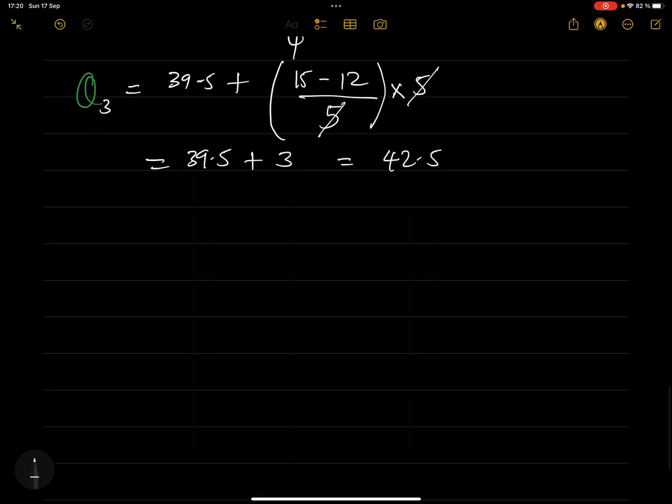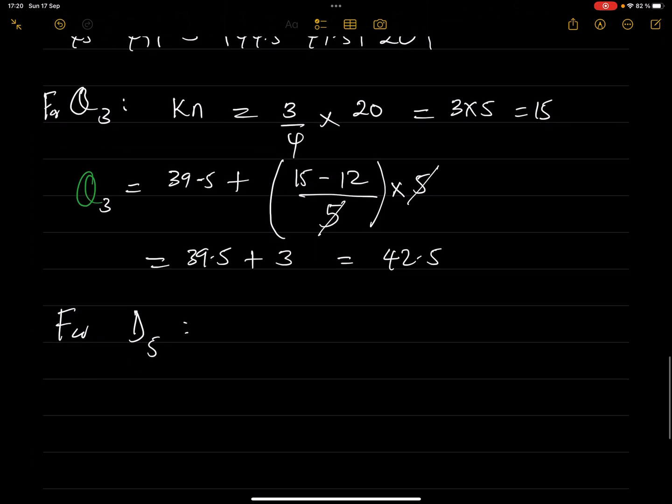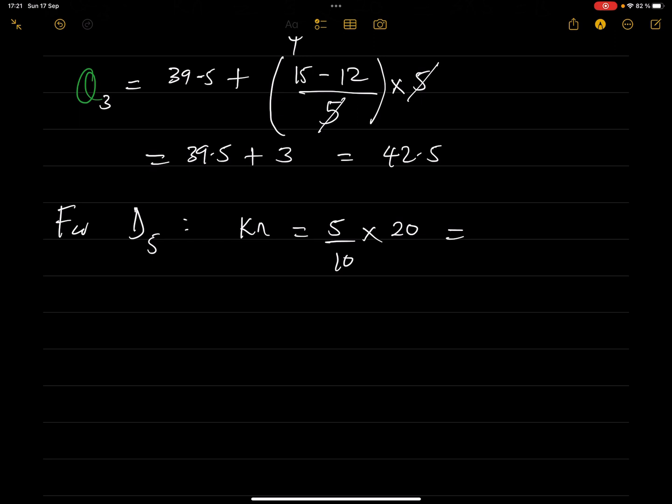The 5th what? Decile. For the 5th decile, that is D5. What is Kn? Remember, the K for decile is i over 10. Our i in this case is 5. So Kn will be 5 divided by 10, then multiply by n, your number of observations, which is 20. So this will be half of 20.